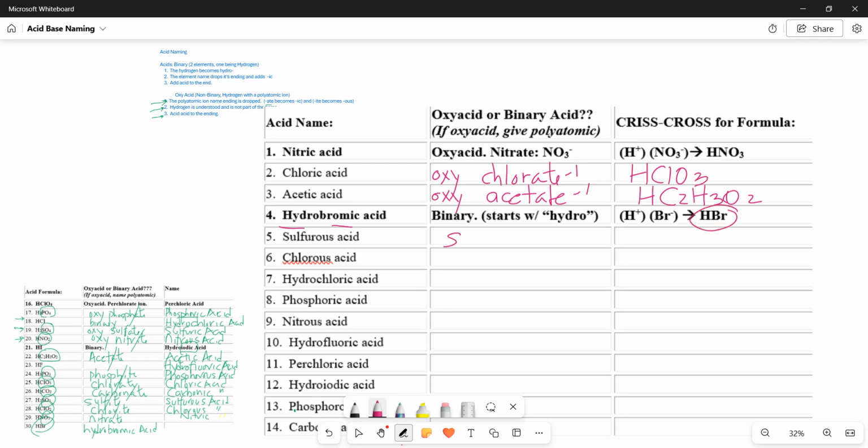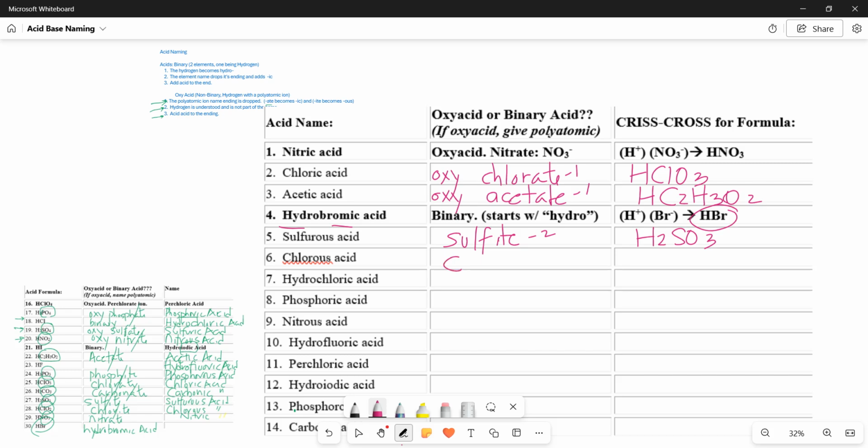Sulfurous means that it's oxy. So we're going to be talking about the polyatomic ion sulfite. Sulfite has a -2 charge, so this is going to be H2SO3. Chlorous. Chlorous is a poly.